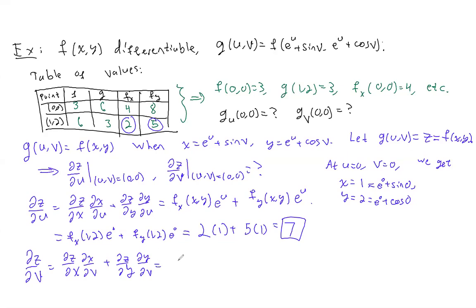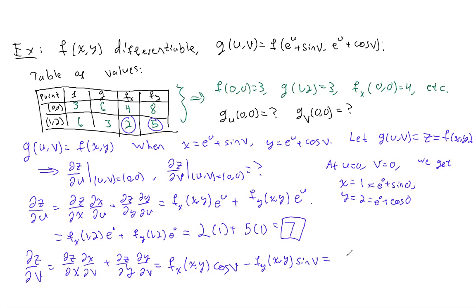We already know that del z, del x is going to be f_x(x, y). Now, del x, del v in this case is cosine v, minus f_y(x, y) times sine v.